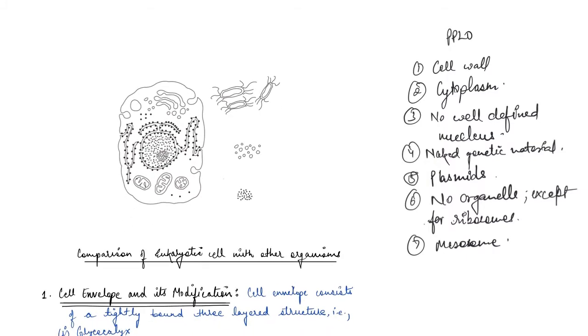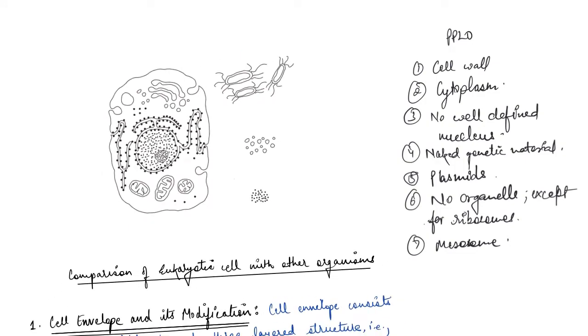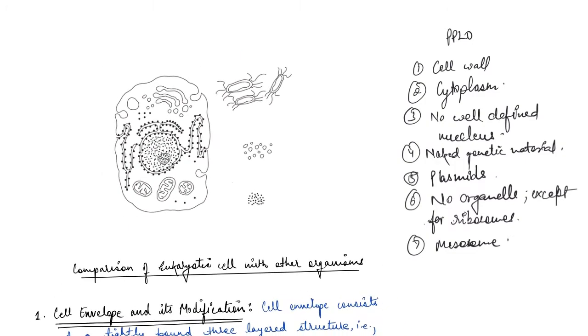Now, if you see here, you can see the comparison, right? This is a eukaryotic cell. Here you will see a lot of organelles and all that. This is basically 10 to 20 micrometer. You see this is a typical bacteria, a prokaryotic cell.